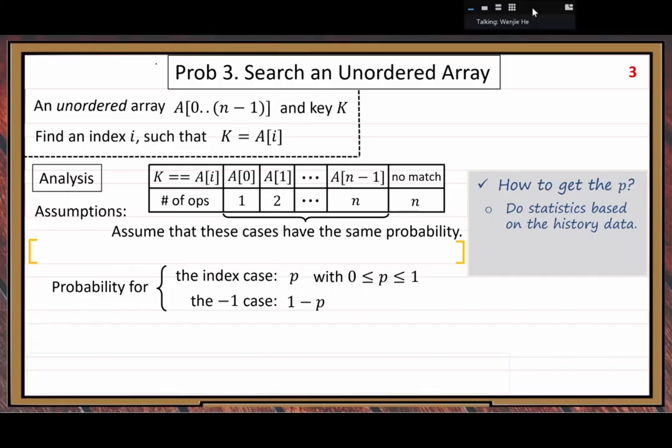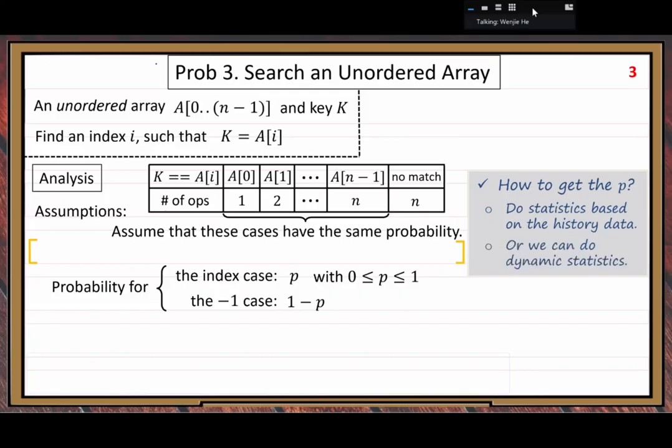So you can collect history data, do statistics, and then you can get an estimated p number. In your calculation, you can use that p number.